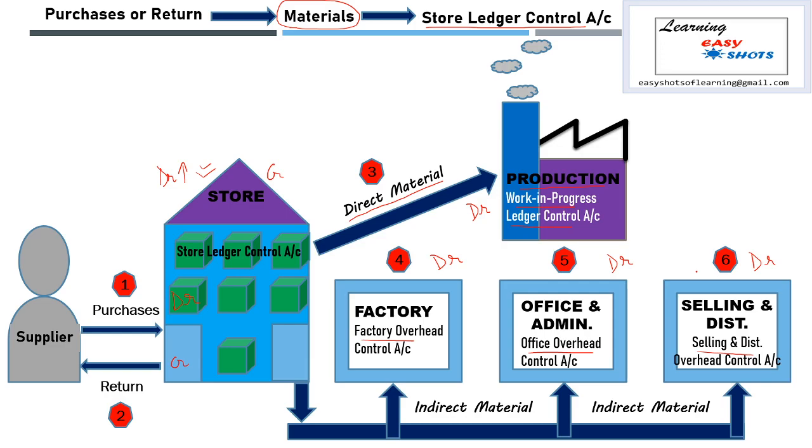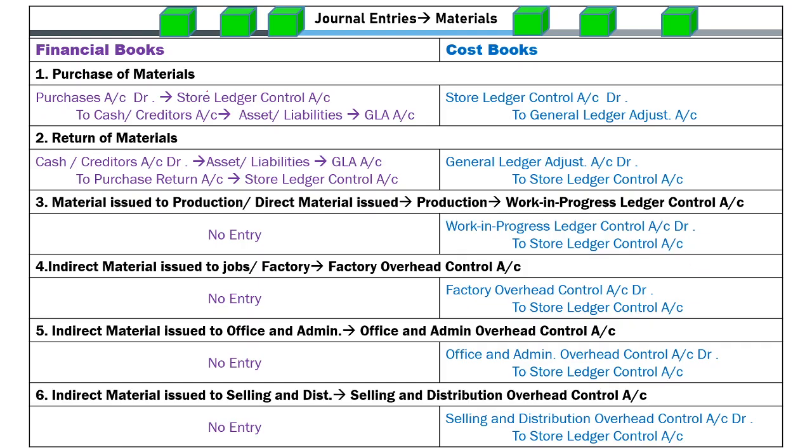Now we understand each transaction. Our first transaction is purchase of material. In finance books, our entry is purchases account debit to cash or creditors. Purchase of material is related with material, so in cost books we use store ledger control account because material is increased in the store.